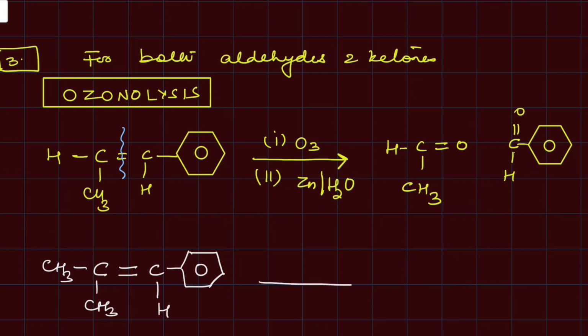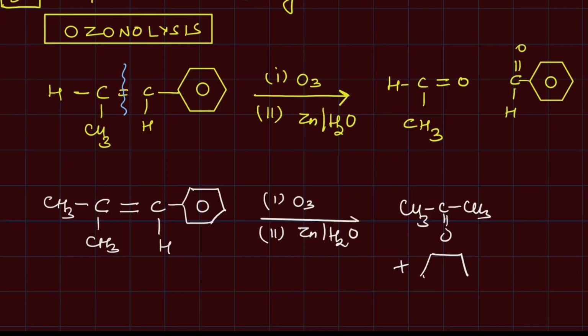In this case, for the same reagents, ozone followed by Zn and H2O, you would have landed up with a ketone as well plus benzaldehyde. So this reaction is a very good reaction to prepare a mixture of aldehydes and ketones, or you can get the same aldehyde also, depending upon what alkene you have taken.